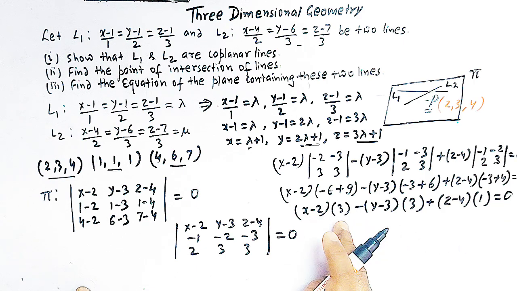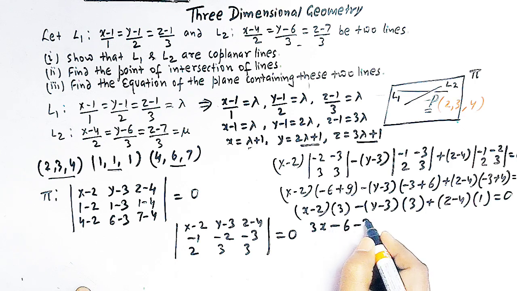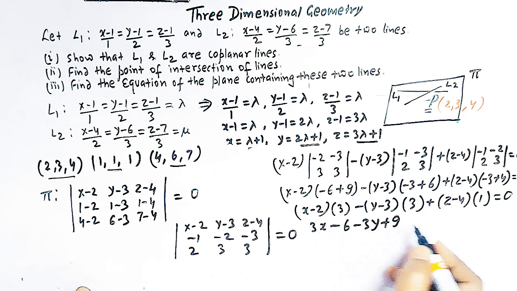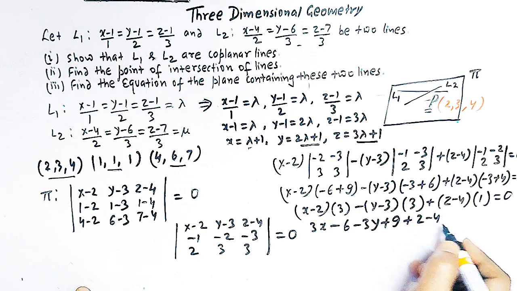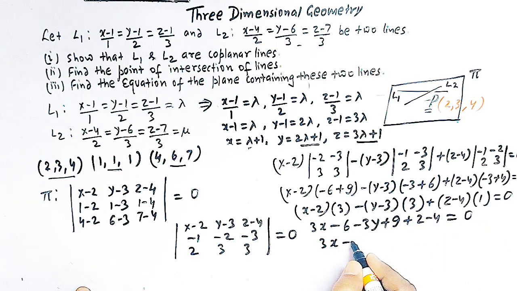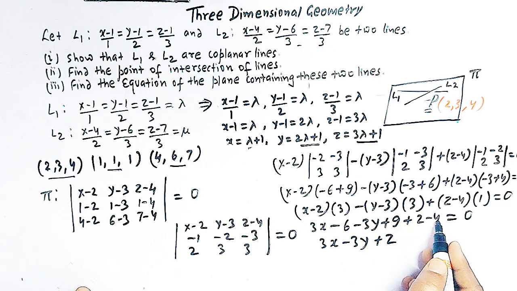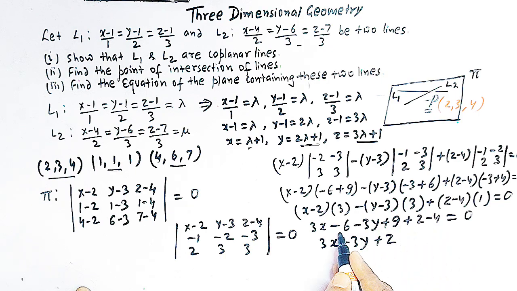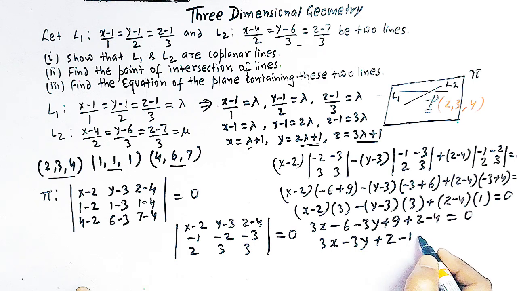So now we can simplify this expression. 3x minus 6 minus 3y plus 9, then z minus 4 is equal to 0. So this is 3x minus 3y plus z, and 9 minus 4 is 5, 5 minus 6 is minus 1.